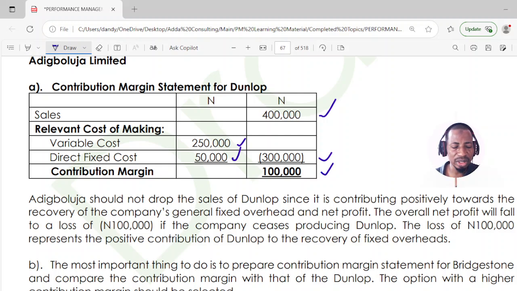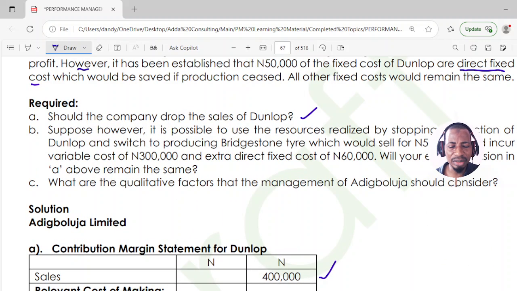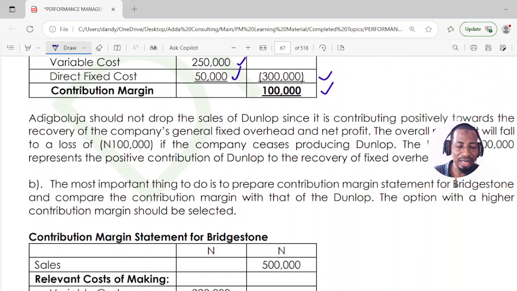At this point, we need to advise. Remember, the examiner is asking you whether the company should drop the sale of Dunlop. Then our advice should be that Adigbolija should not drop the sales of Dunlop since it is contributing positively toward the recovery of the company's general fixed overhead and net profit. The net profit will fall to a loss of 100,000 if the company ceases producing Dunlop.